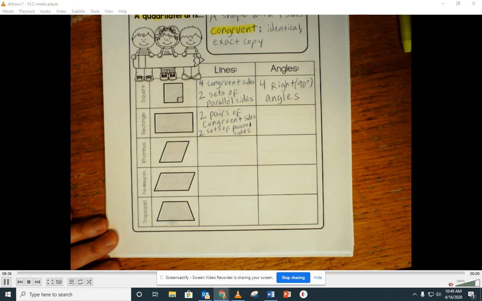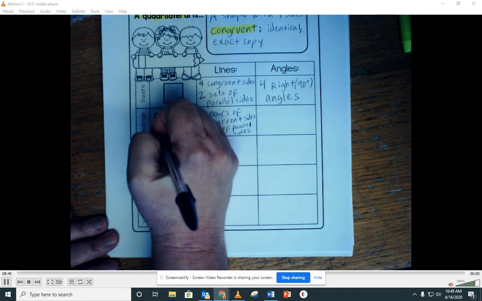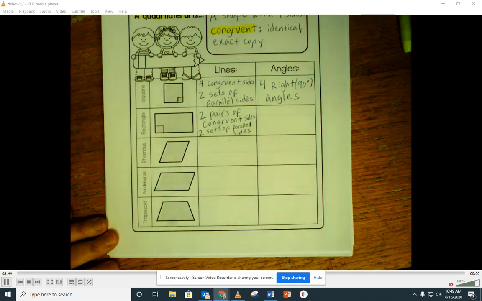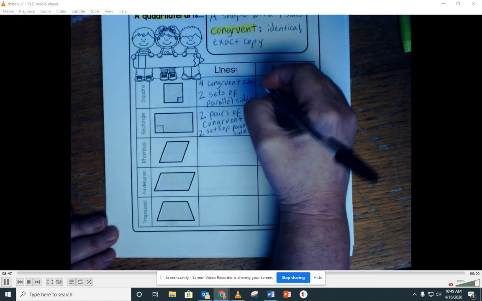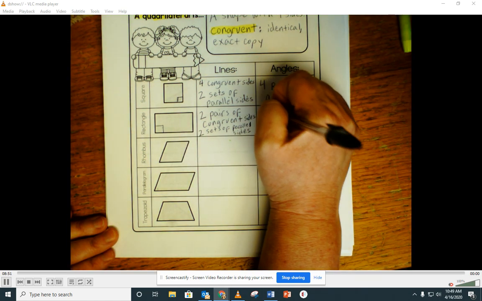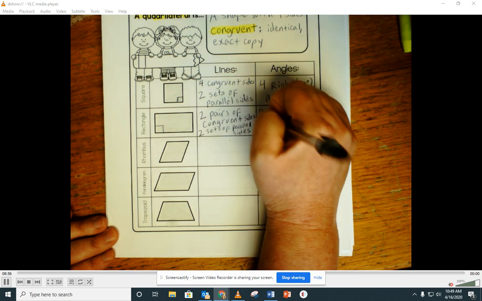And then look at the angles. What kind of angles are in a rectangle? It's just like the square. In order for this to be a rectangle, it has four right angles.